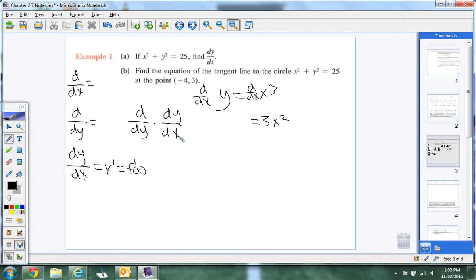No? Okay, hold on. We take the derivative with respect to x of both sides, right? The derivative with respect to x is easy to do over here, because that's an x thing. This is a y thing, so I want to take the derivative with respect to y. How can I do that and have it be the same thing? I need these two pieces. Why do I need these two pieces? Because I can do this.